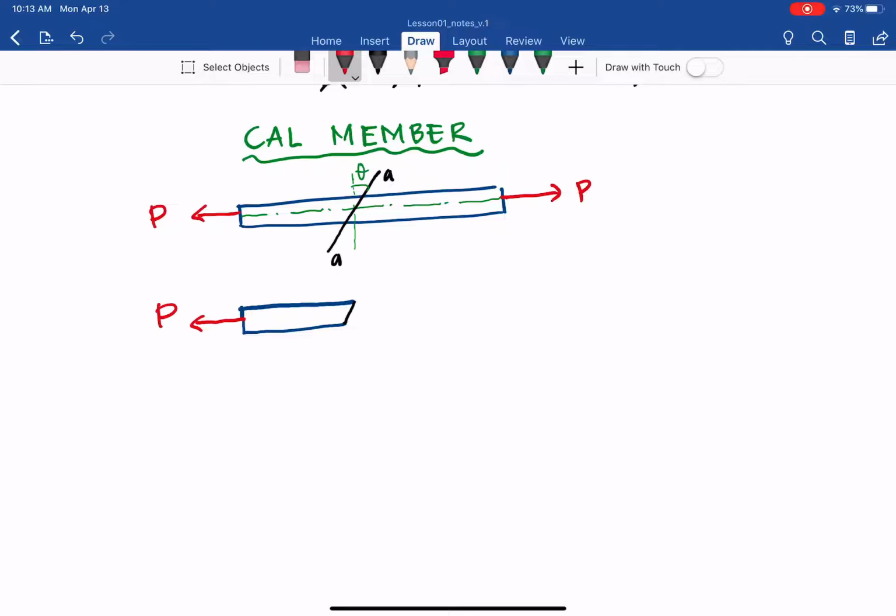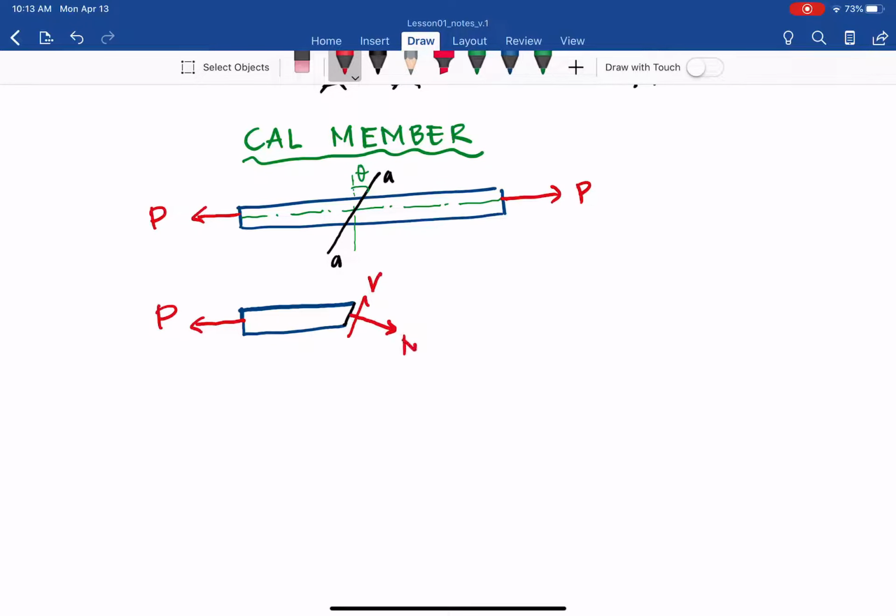Now when we cut, we have a shear force on the cut, parallel to the cut face, and then we also have the normal force N perpendicular to the cut face, and then we also have the internal bending moment, MI.